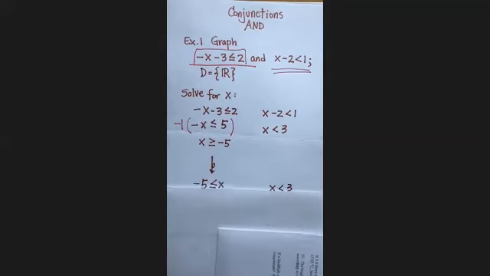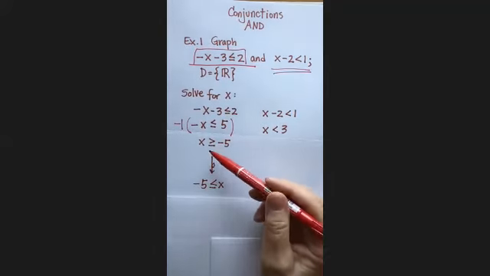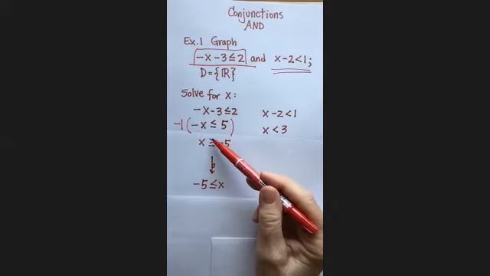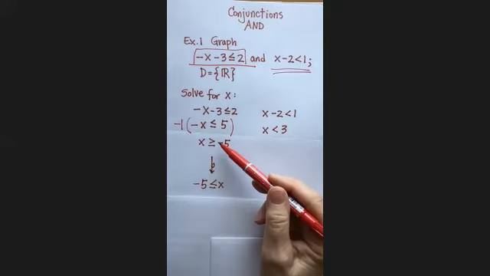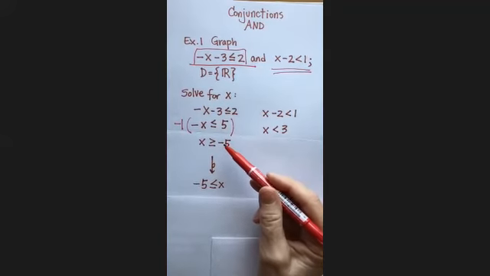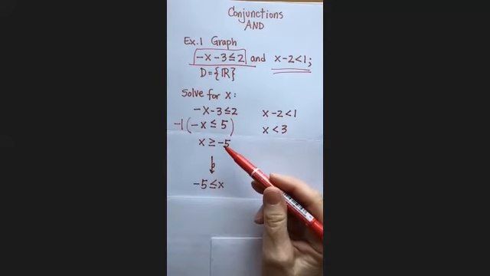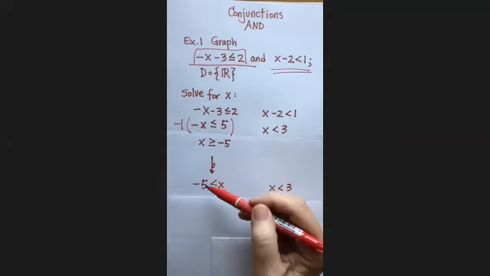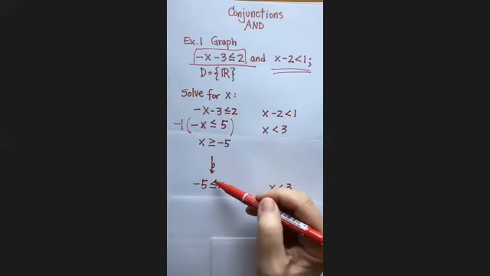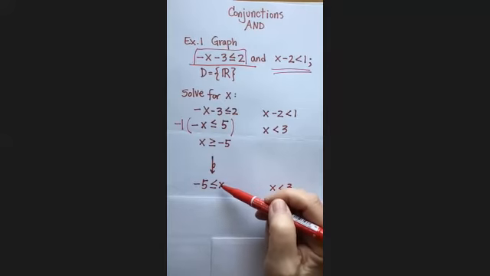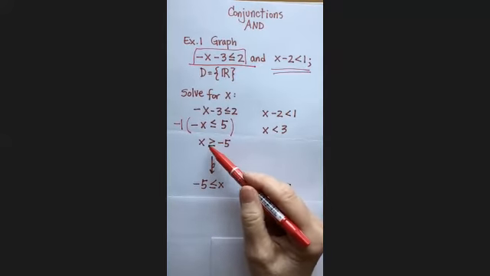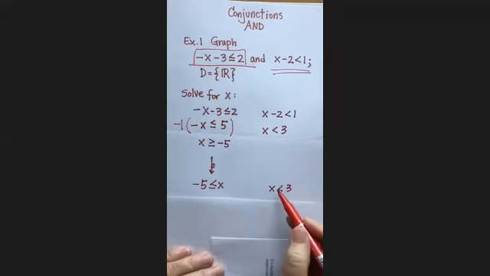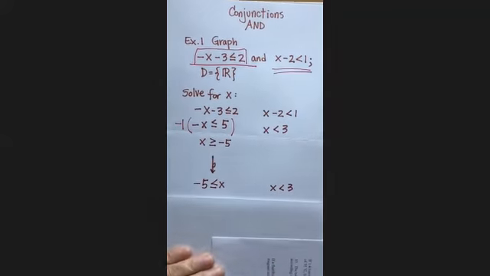Just like we did before, as long as this inequality is pointing to the right numbers, I can turn it around. I won't say flip it around. We'll use flipping for multiplying by -1. But I can turn it in a different direction and say -5 less than or equal to x. Because over here, -5 is less than or equal to x. And again, we have x less than 3.